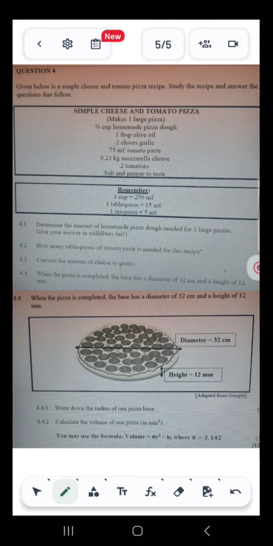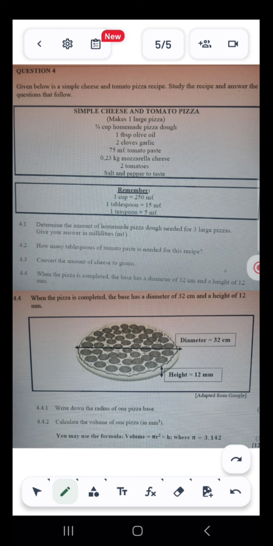Remember the conversions: 1 cup is equal to 250 milliliters, 1 tablespoon is 15 milliliters, and 1 teaspoon is 5 milliliters.